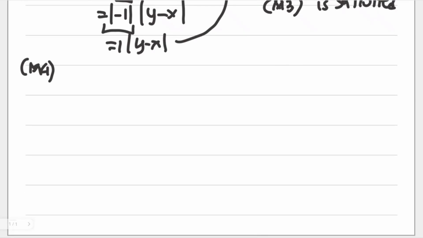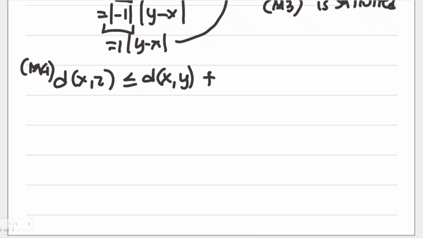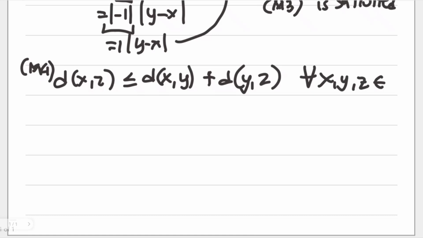Let's say there is another variable z. We have to establish that this is less than or equal to the sum of the distance of x and y plus the distance of y and z, for all x, y, and z elements of our real numbers, or in this case, set X. So how do we show this idea?